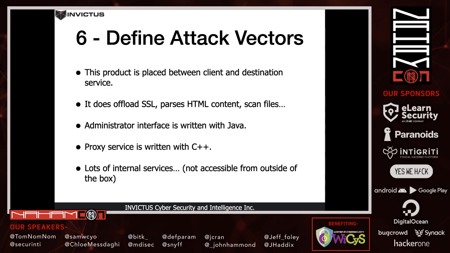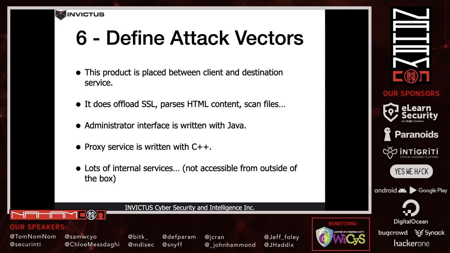That product is also capable of offloading the SSL, parsing all the HTML content, and scanning the files, because this is a web security solution. It tries to understand what's happening on the client's network. So it has to see all the files, parse the HTML content, offload the SSL, etc. So that is another attack vector we can aim at.